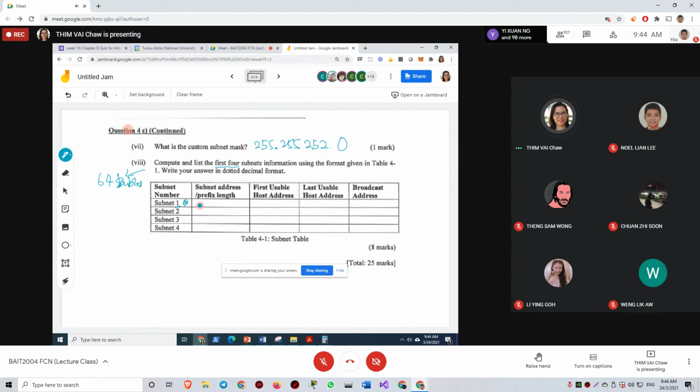So from this question, how are we going to create the addresses? You have a subnet address slash prefix length. Remember, you must indicate your prefix length. You also need to indicate the first usable host address. Look at the header over here, and it tells you what you need to write.